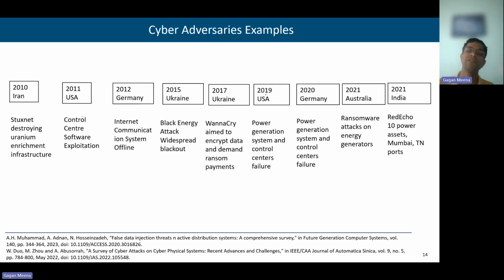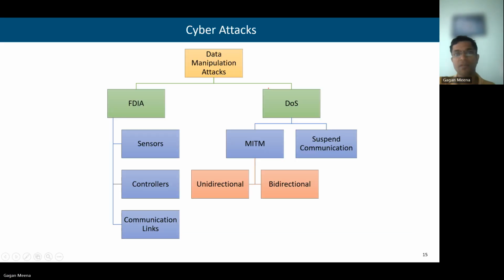2021 Australia ransomware attack on energy generators. 2021 India, RedEcho, 10 power assets, Mumbai, Tamil Nadu ports. And these are the different types of cyber attacks. One is FDI, false data injection attack, and DoS is denial of service.